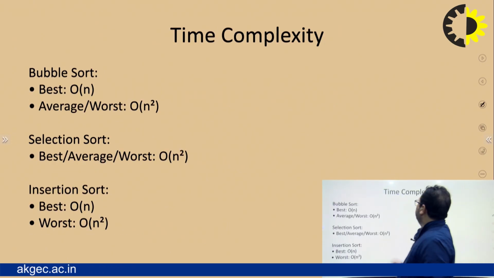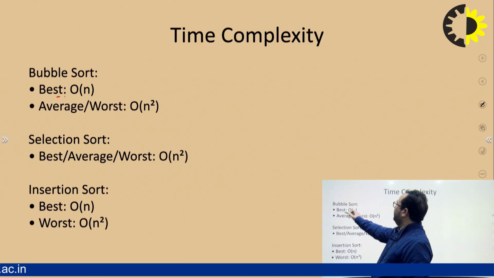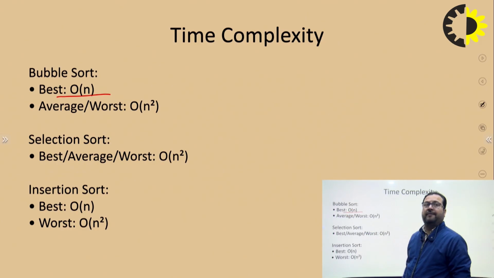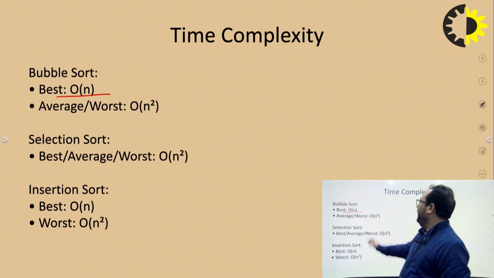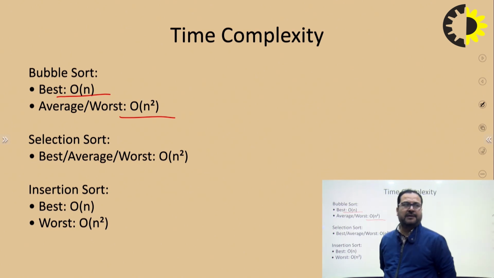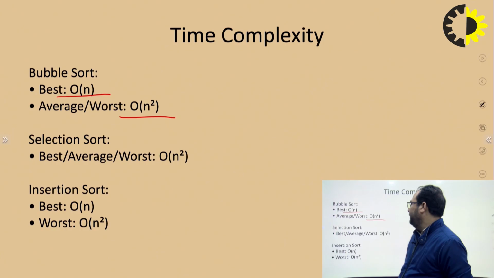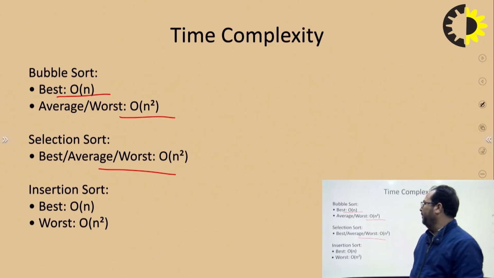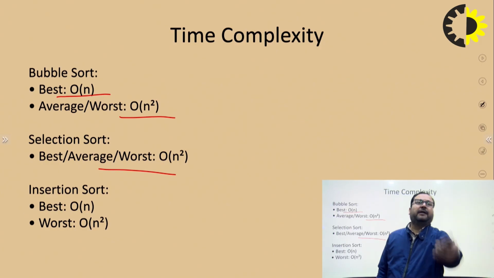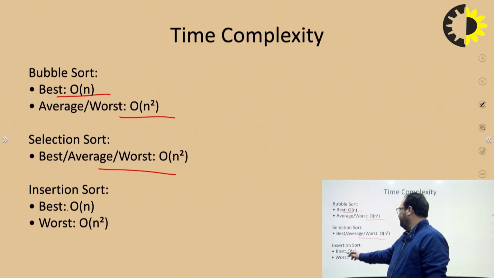In bubble sort, the best-case time complexity is order of n. If the elements are already in, say, increasing order, then we simply take order of n. Average or worst case time complexity will be order of n square. In selection sort, in all cases, we get time complexity order of n square. In insertion sort too, the best-case time complexity is order of n.